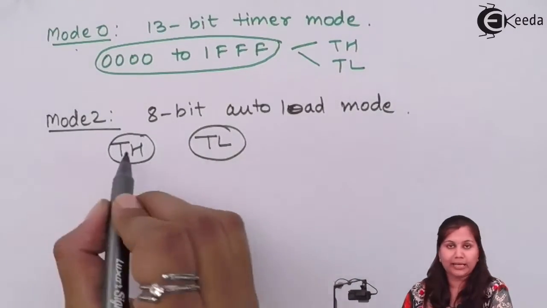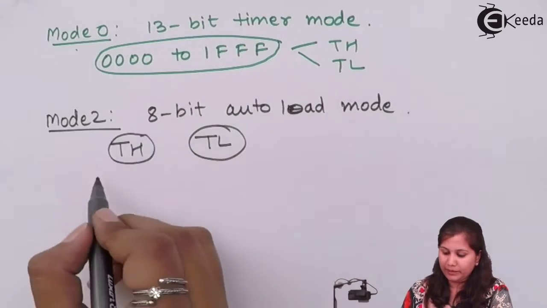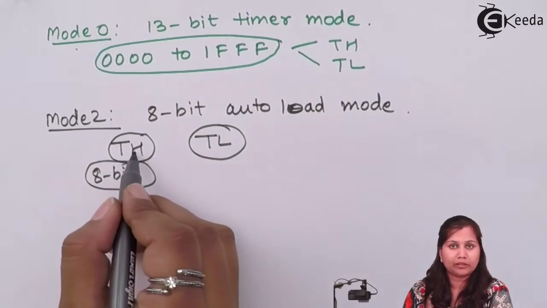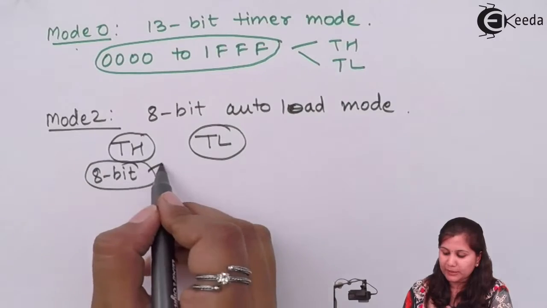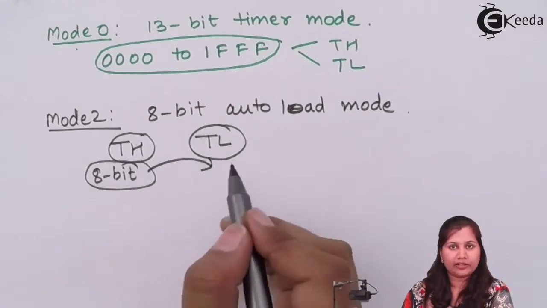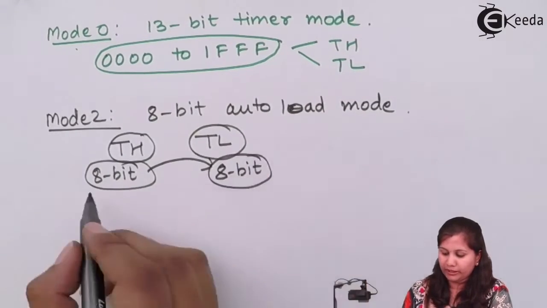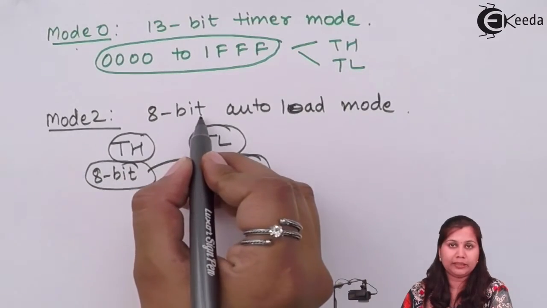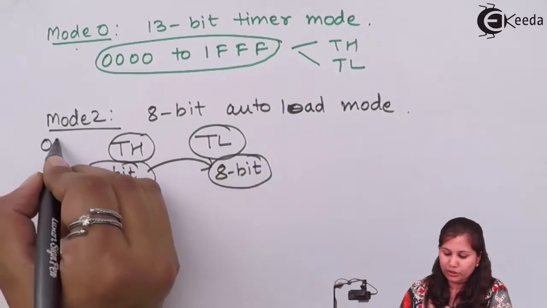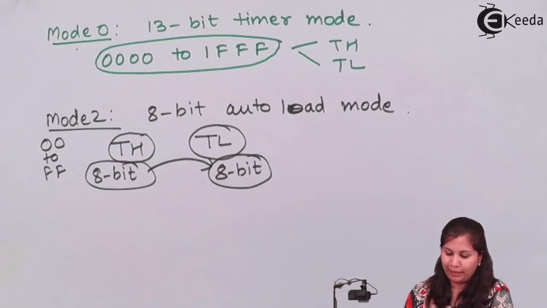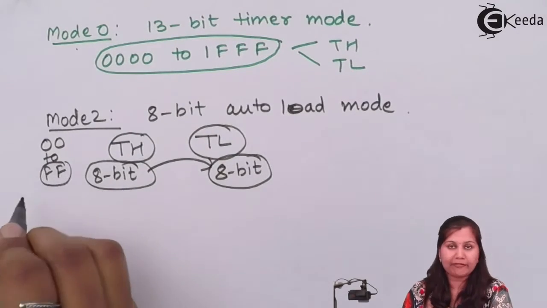Okay, 8-bit timers are there. This 8-bit count is loaded into the higher byte of the timers, and a copy of this is placed in the TL register also. Because it is an 8-bit number, 00 to FF can be loaded. Okay, maximum count value allowed is FF.